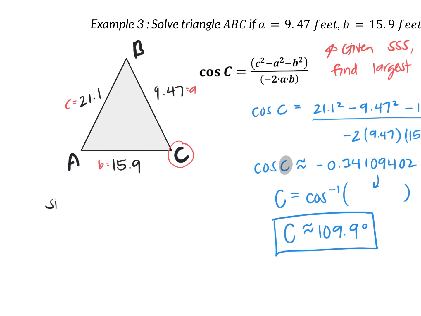So I'm going to do sine of angle A divided by side length A is equal to sine of C, which we know is 109.9, divided by 21.1. Because once I know one of these angle measures, I can find the other one very easily. So I can cross multiply here.